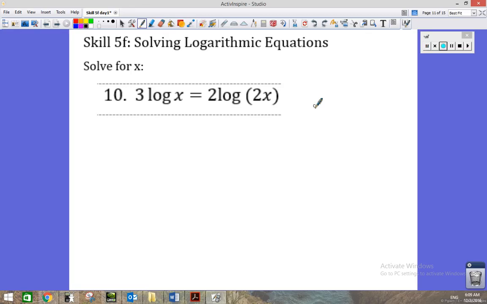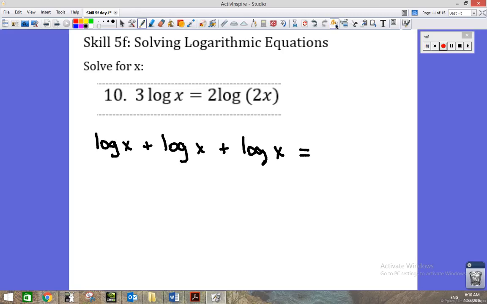Even though it looks like to some students that we have log equal to a log, this 3 times the log of x, really you have log of x plus another log of x plus another log of x is equal to a log of 2x plus a log of 2x. You don't have log equal log, not yet anyway.